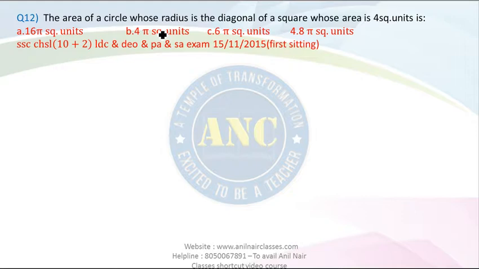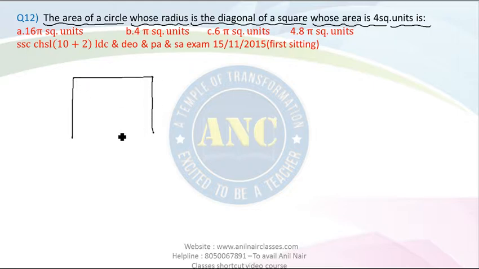Next, question number 12. The area of a circle whose radius is the diagonal of a square whose area is 4 centimeter square. Now, I want to find the area of a circle. First of all, there is a square. Let us not get confused.